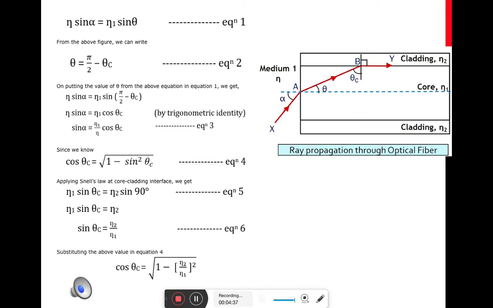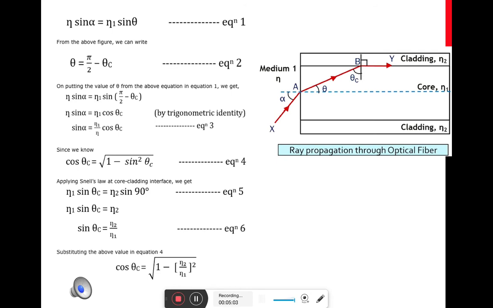So rewriting, we get sine alpha is equal to n1 by n cos theta c. Again, we know that sine square theta plus cos square theta is 1, so from that we write out the expression for cos theta c. Just mark it as equation 4.